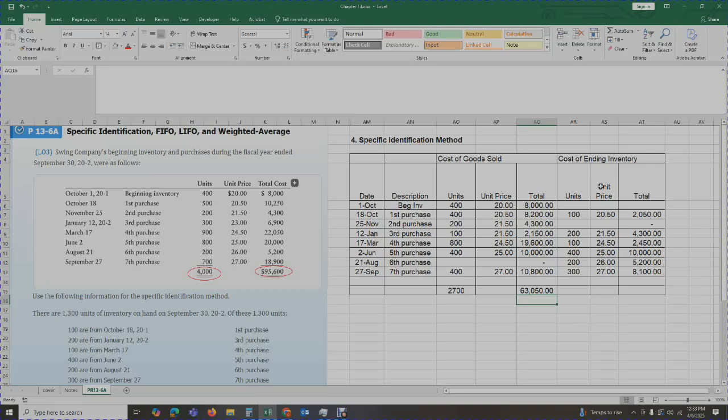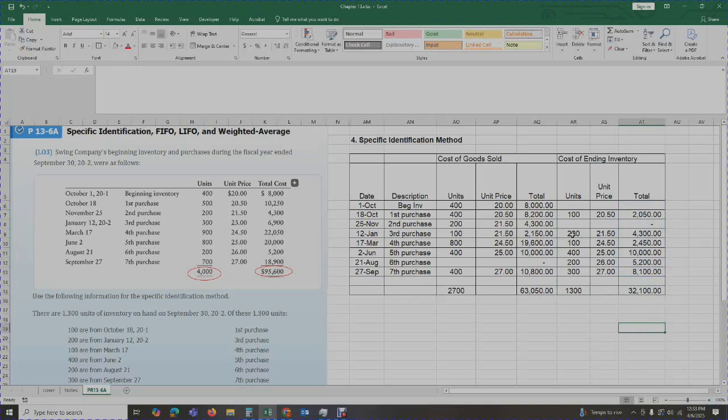Now for the units that we did not sell, we should have a total of 1,300 units. The value of those 1,300 units in our ending inventory, which we have not sold, tallies up to 32,000. Did I add up all of them? Let me see. 46.